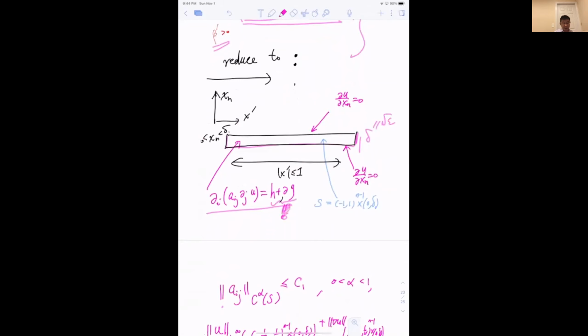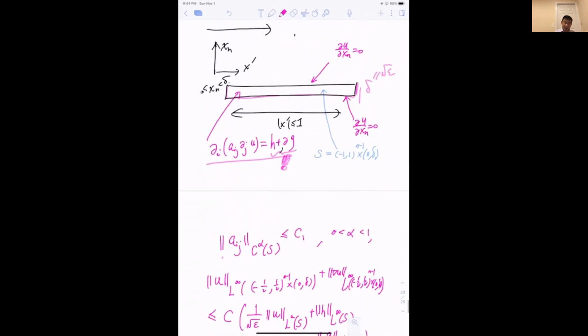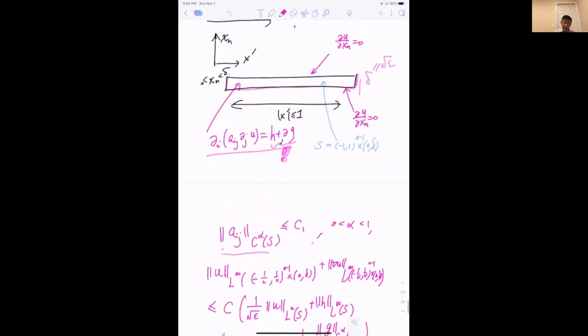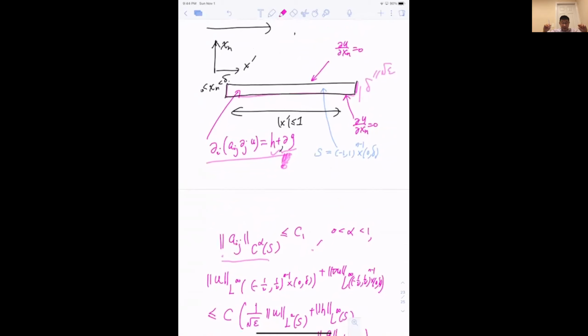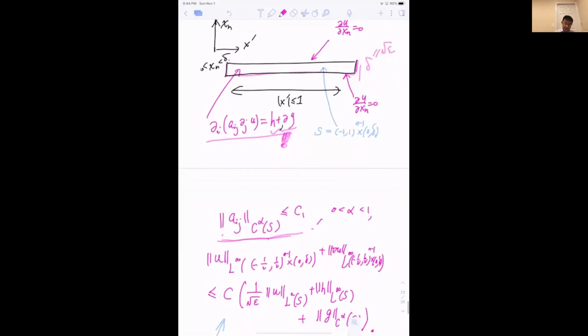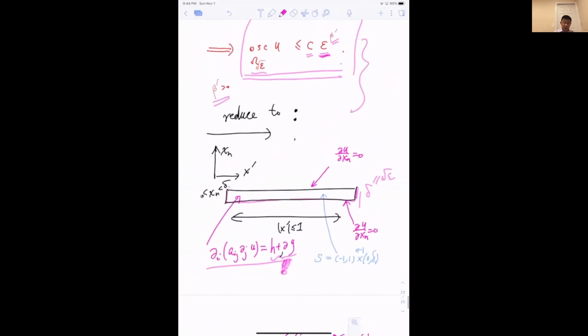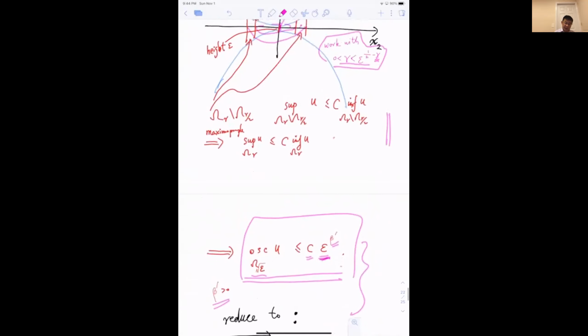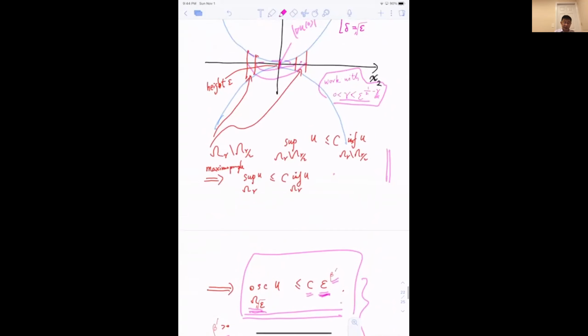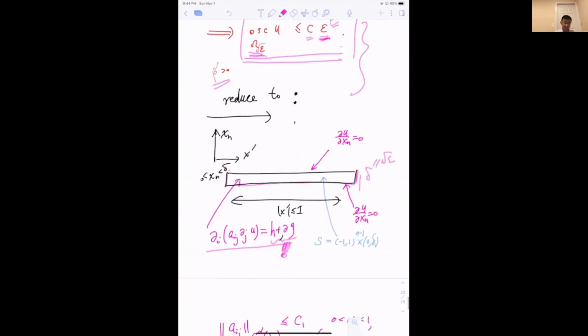So the coefficient C alpha is under control. Here it is a unit size and the height is root epsilon. This has to do with only taking out a root epsilon size, height epsilon, so that gives you a good coefficient.